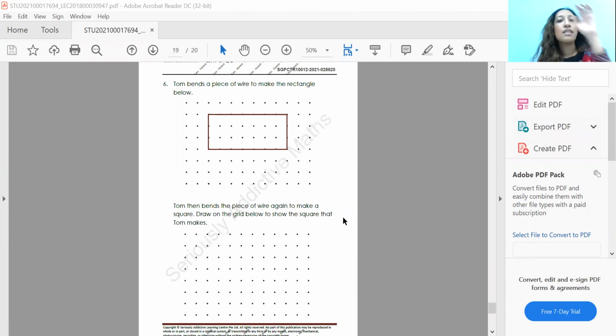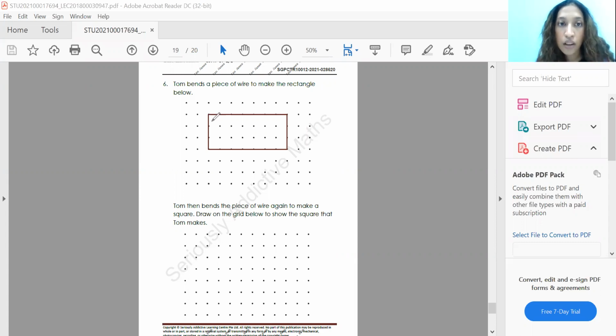Okay, Tom bends a piece of wire to make a rectangle below. Tom then bends the piece of wire again to make a square. Draw on the grid below to show the square that Tom makes. Okay, so I'll show you.